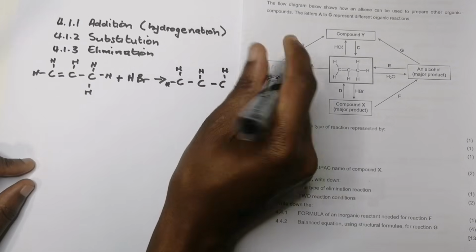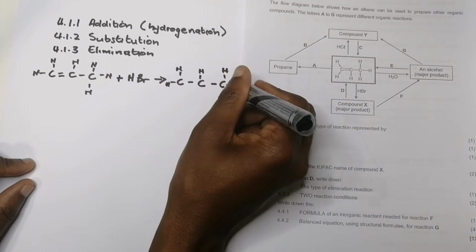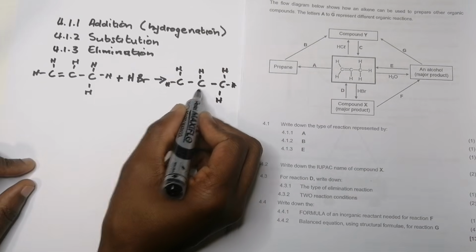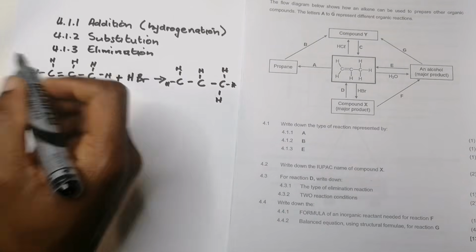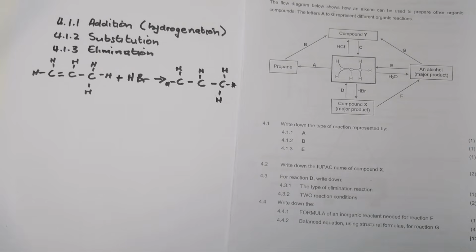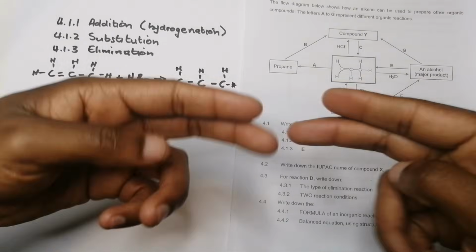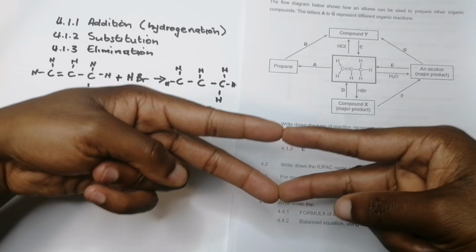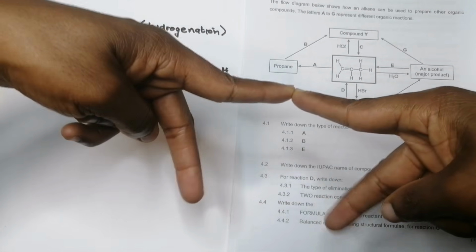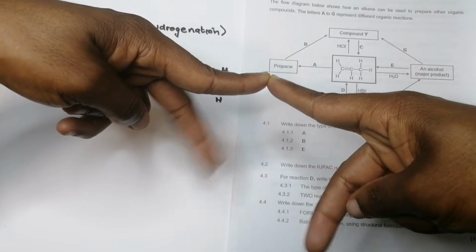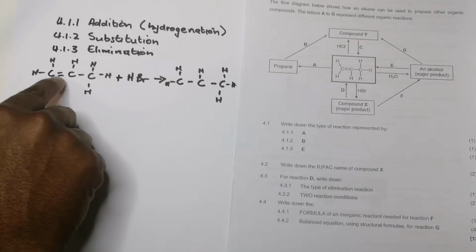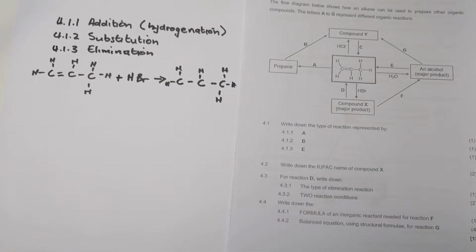I showed in the videos I produced on reactions of organic compounds that the moment you break the double bond, you have two bonds available.